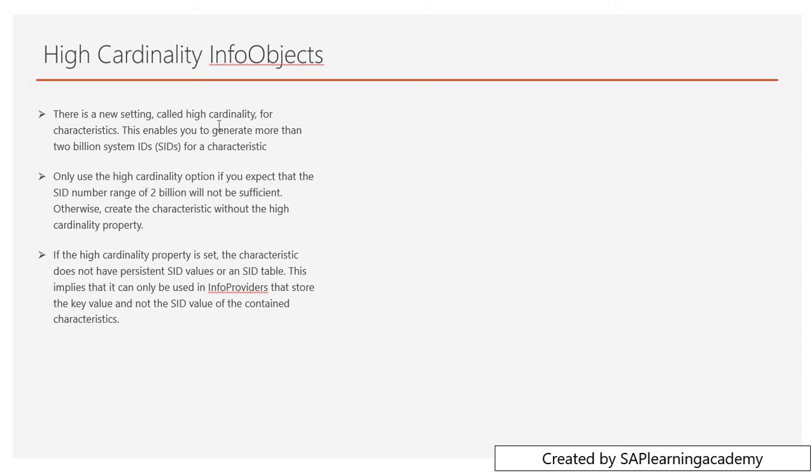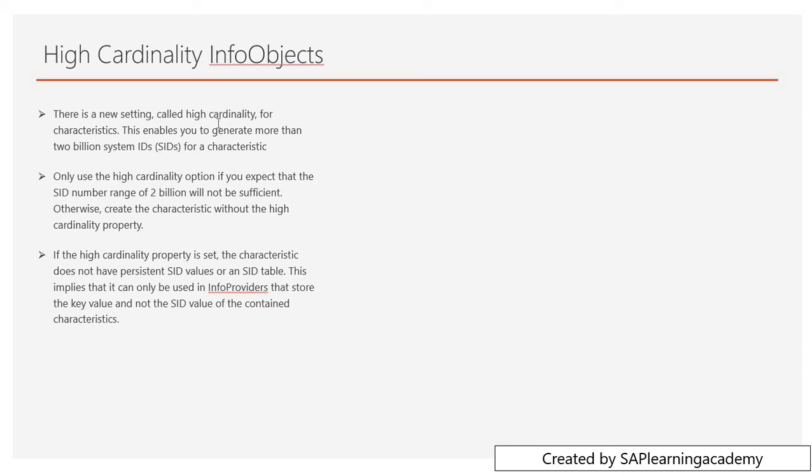This high cardinality property is only supported for char and numc with length greater than or equal to 10. During reporting, create SID values as local SID as required. Therefore, the response time of queries can be impacted.